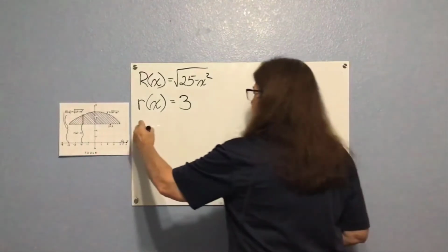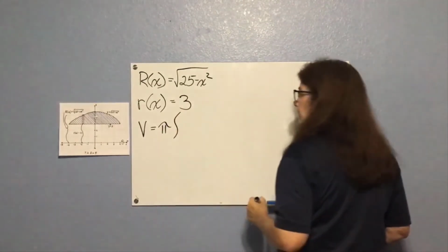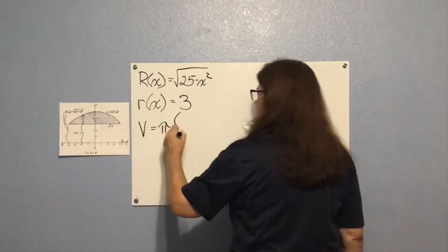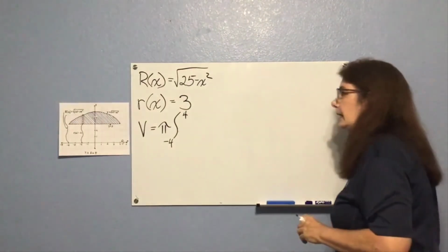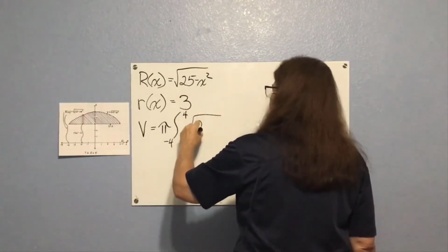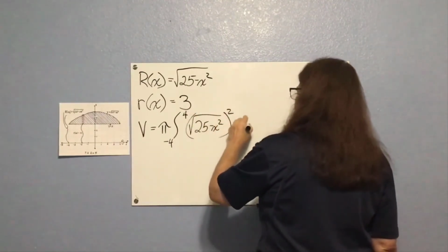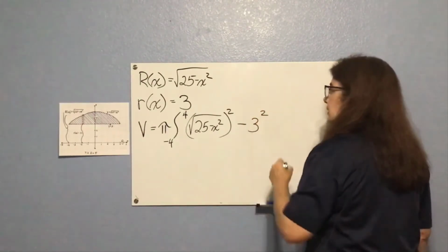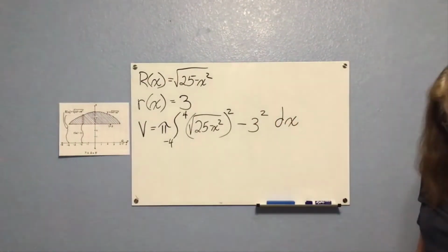Starting with my equation, volume is equal to pi times the integral, and I'm integrating from -4 all the way out to +4. I start with big R of x, so square root of 25 minus x squared, minus 3 squared, dx.